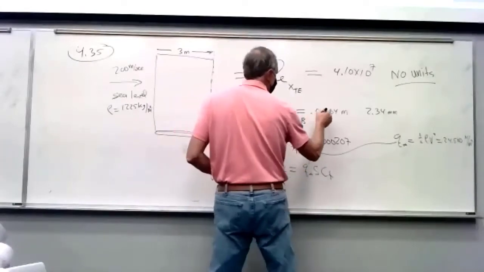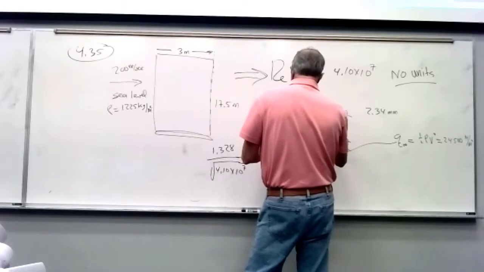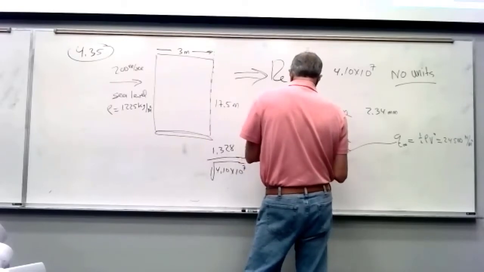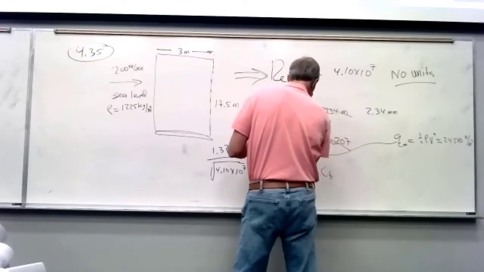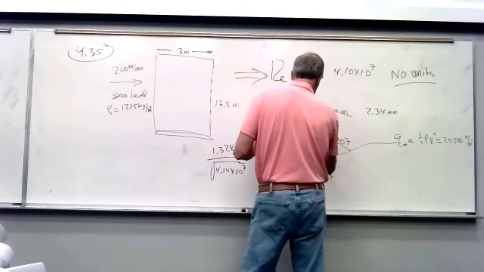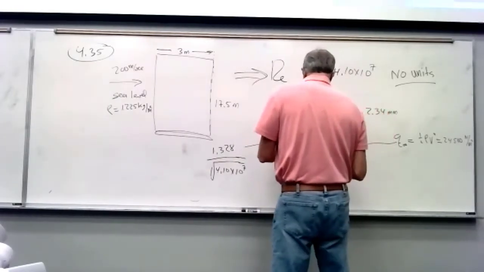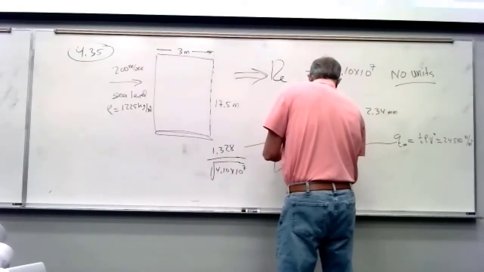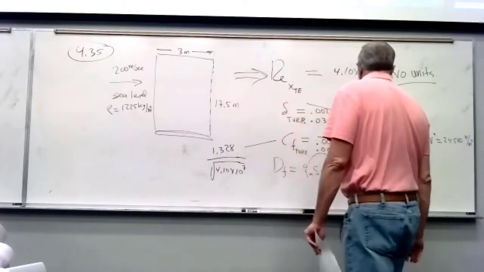I'm going to leave these numbers up, just lightly cross them out. If you do the same calculation for a turbulent boundary layer, you get 0.033 meters. For the skin friction coefficient, you get 0.022.